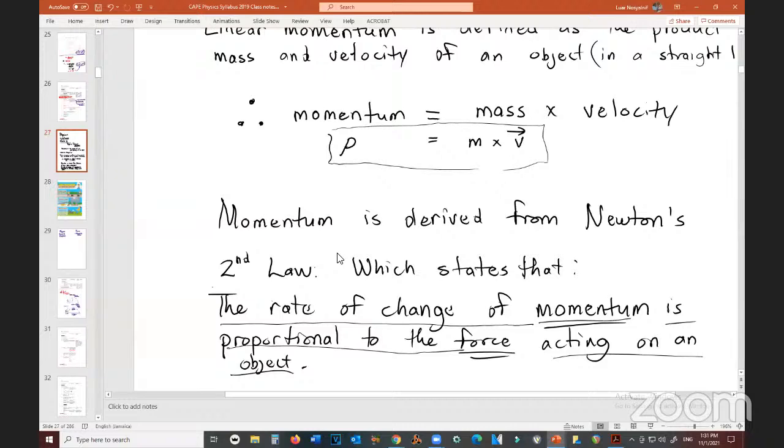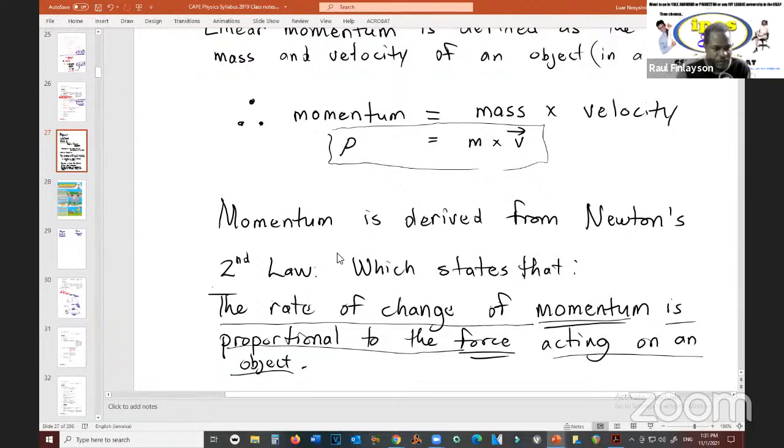Remember that for the second law, there are two ways that you can state it, and they are saying the same thing.